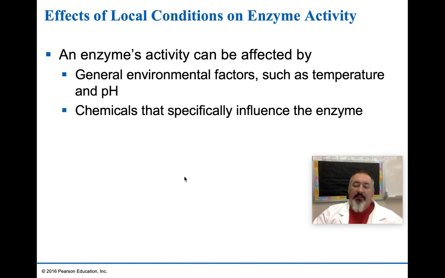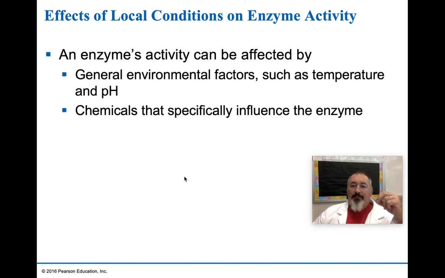Now, the enzyme can be affected by a couple things. In chapter 2, when we looked at proteins as a macromolecule, we identified that enzymes are an example of a protein, and you can denature these with heat, temperature. There are other things like salinity, radioactivity, electricity, but really the two that are most commonly spoken of and that show up on tests are temperature and pH.